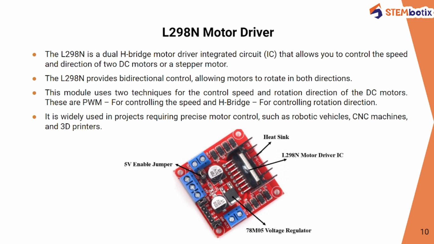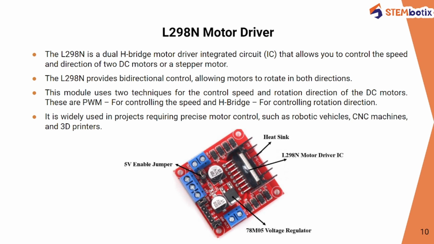It uses PWM, pulse width modulation, for controlling the speed, and the H bridge technique for controlling the rotation direction. The PWM technique for controlling the speed of a DC motor is a widely used technique to accomplish the speed control of the DC motor.